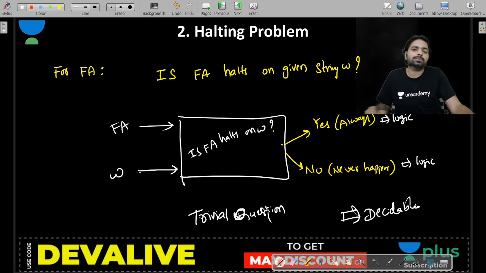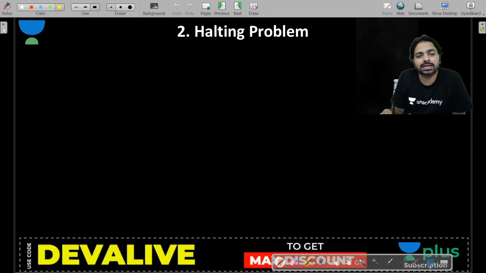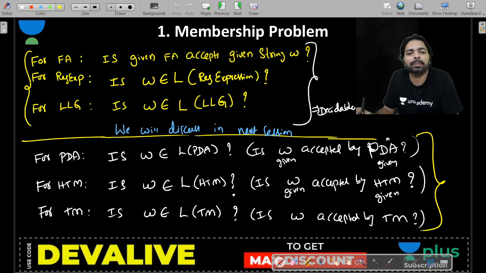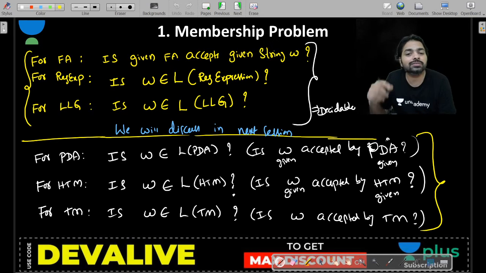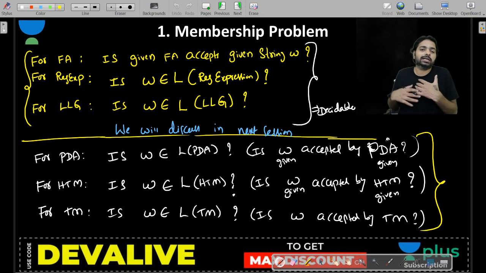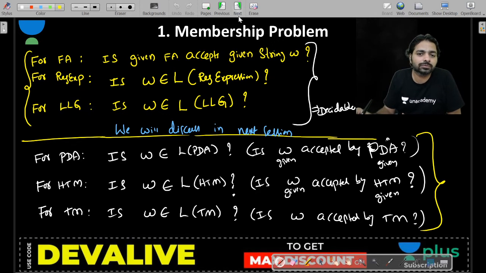Now let's move to how to use the same name for all different machines, guys. Halting is only the nature of the machine, not the nature of the language. Previously we had membership. Membership you can ask for a language, but the language may be accepted by a machine, generated by an expression or generated by a grammar. You can represent anything.